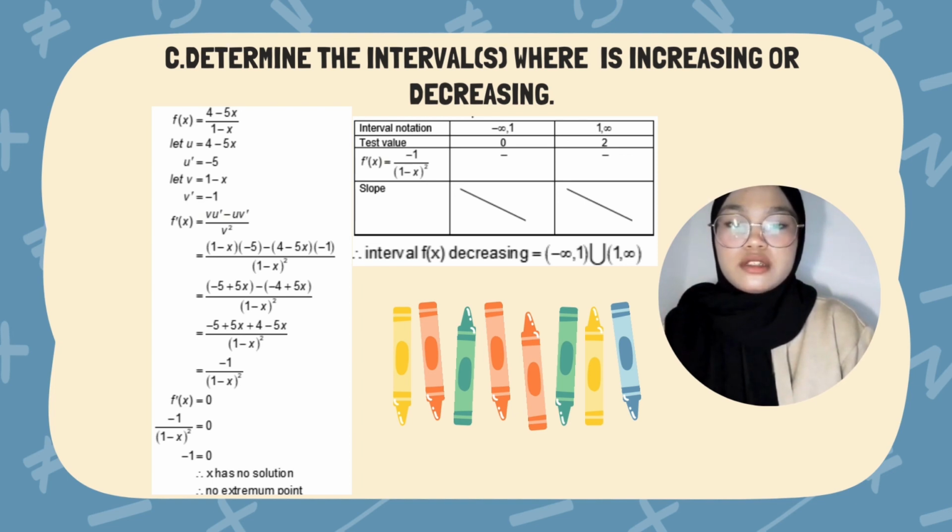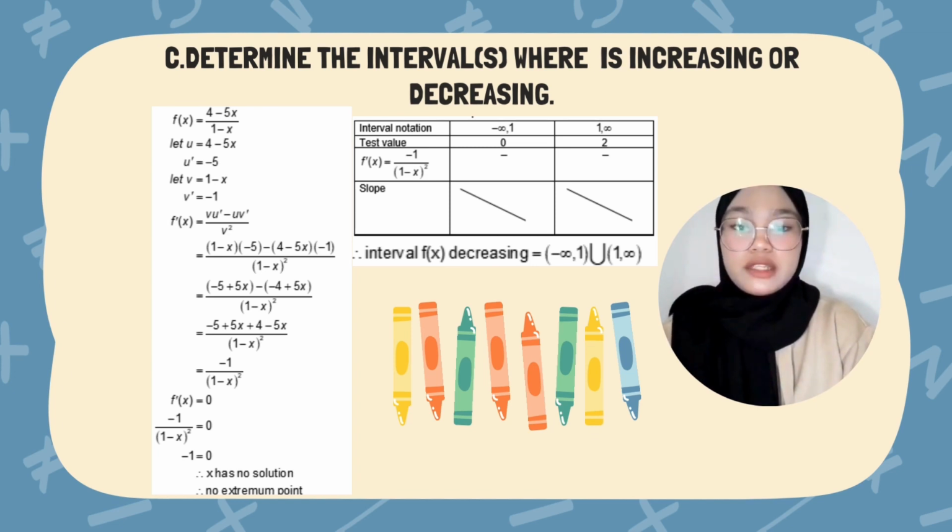Bring the power to the right side, so it will be the square root of 0. It's still 0, so 1 minus x equal to 0. Bring 1 to the right side, so we get 0 minus 1 and we get negative 1. But x needs to be positive, so we get x equal to 1.